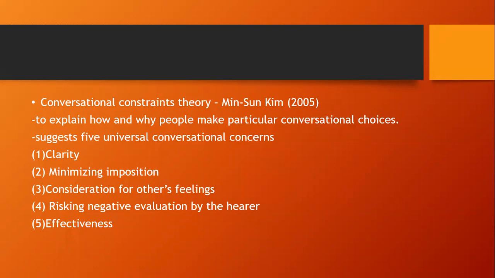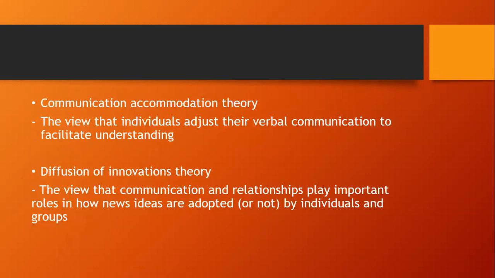We have another one, communication accommodation theory, which you can use in research where you want to find people or cultures who can accommodate different cultures, and why they do that. You can use this theory.